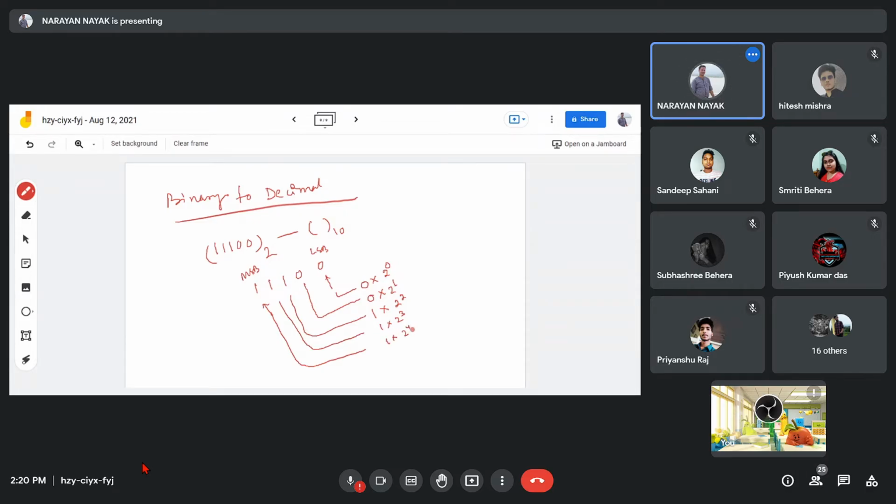So 2 to the power 0 is 1 into 0, it is 0. 2 to the power 1 is 2 into 0, 0. 2 to the power 2 is 4 into 1, 4. 2 to the power 3 is 8 into 1, is 8. 2 to the power 4 is 16 into 1, 16.